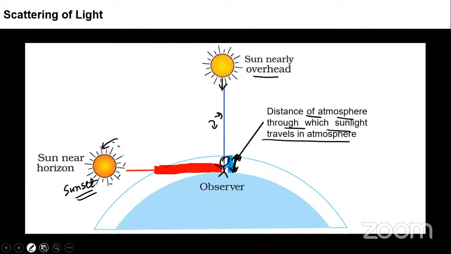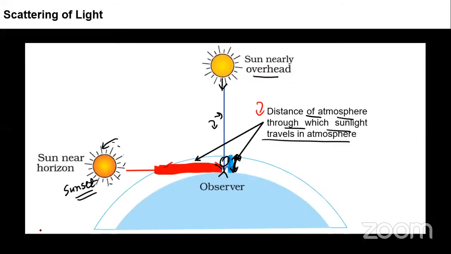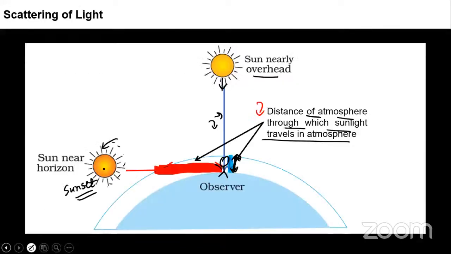So since light takes a lot of distance, the distance traveled here is more as compared to overhead conditions. So we'll say that's why red is scattered because it is traveling more distance.